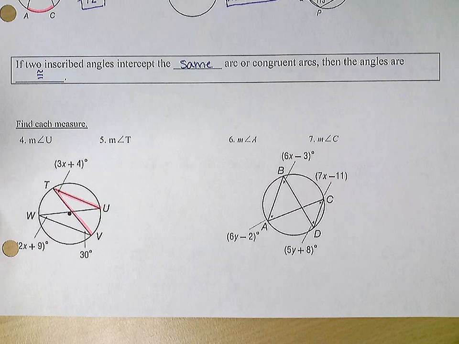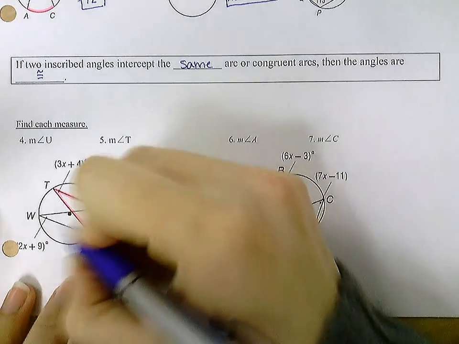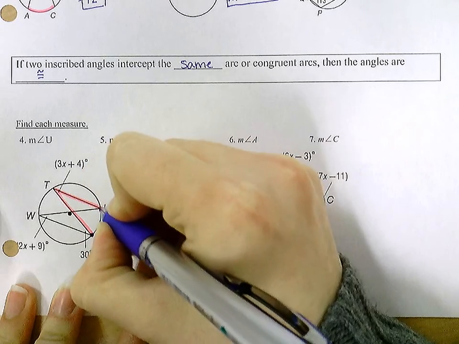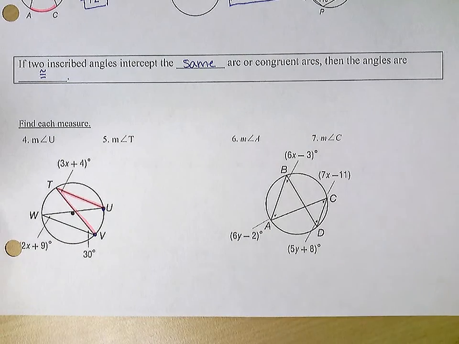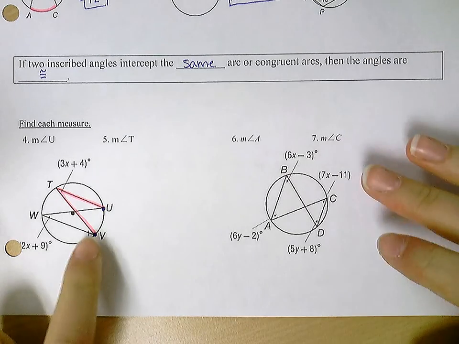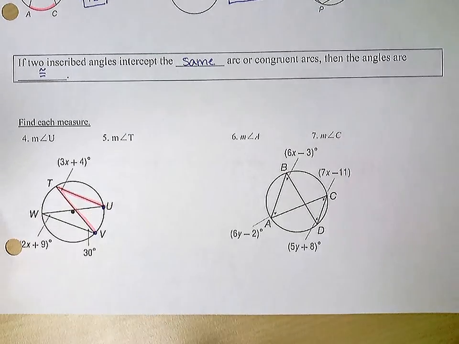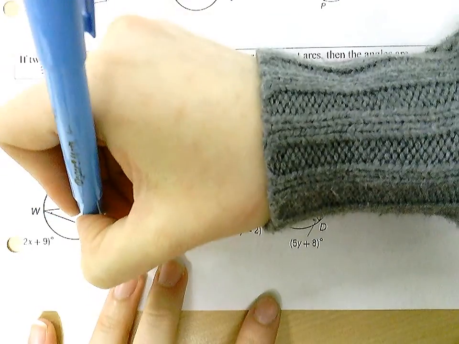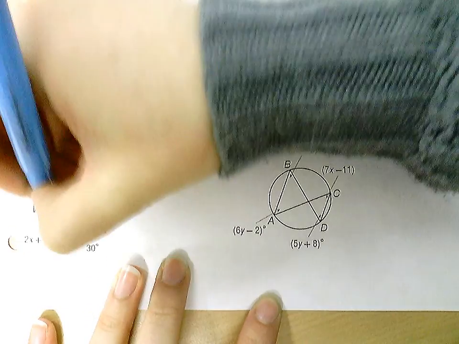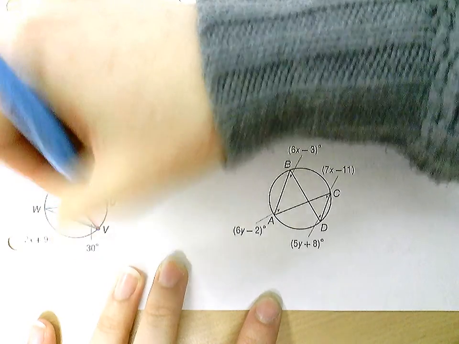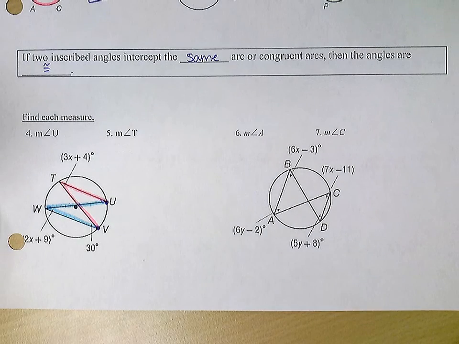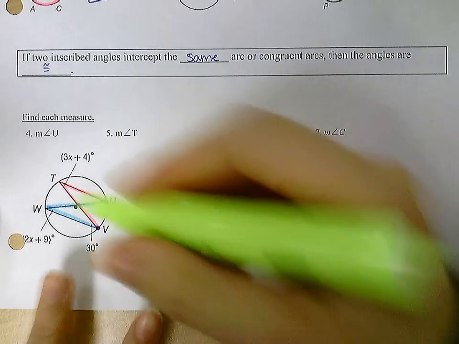It hits that circle at points V and U. Well then if I look at another angle here, VWU, that angle also intercepts that arc VU. So both of those angles intercept that same arc of VU.